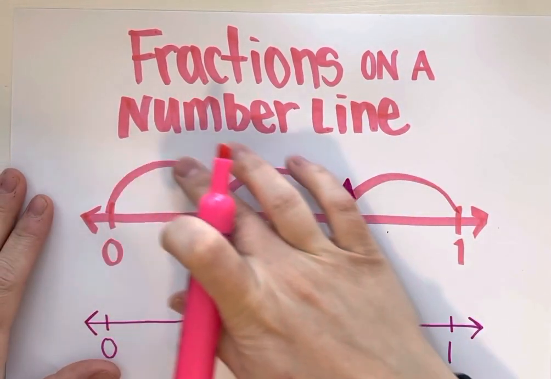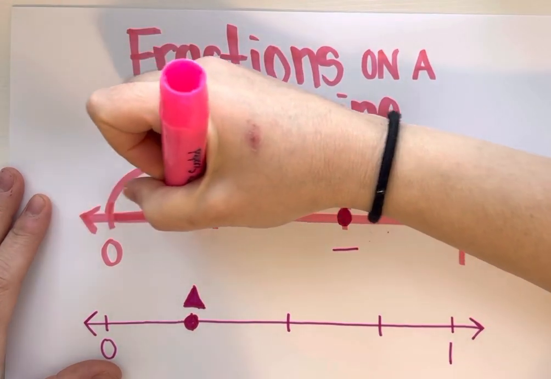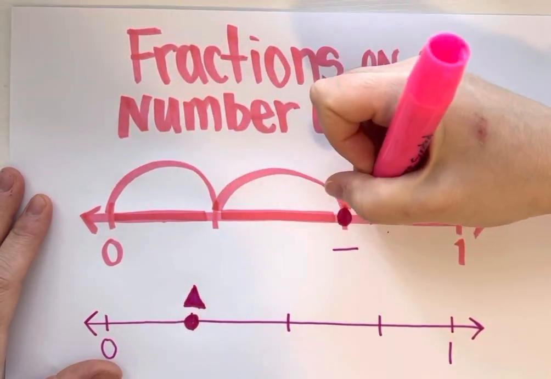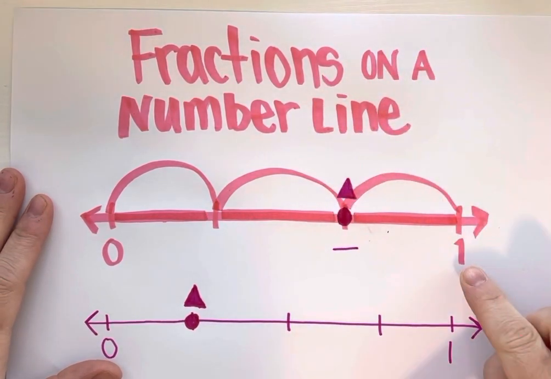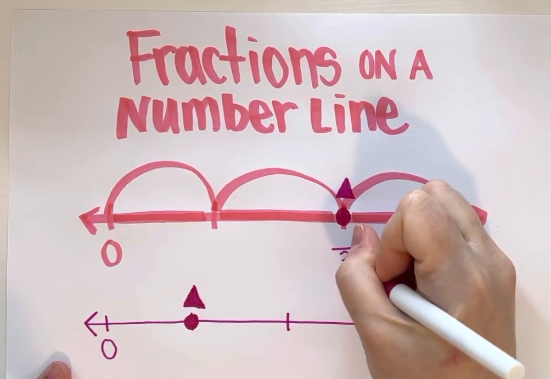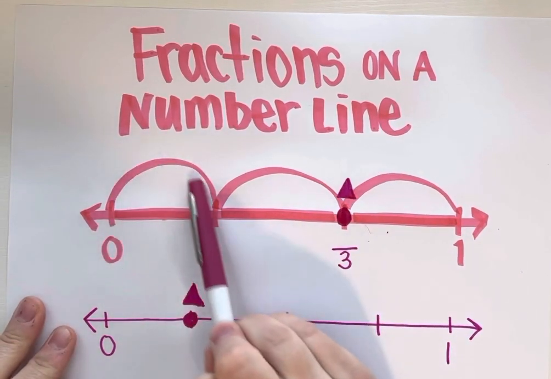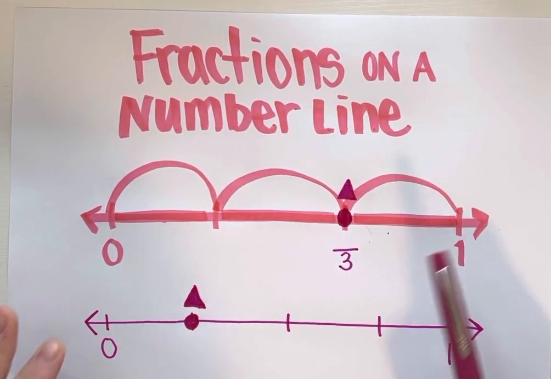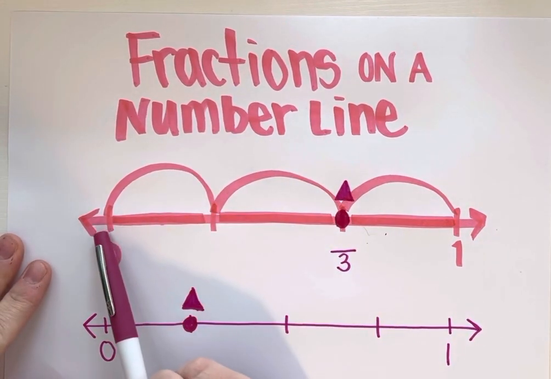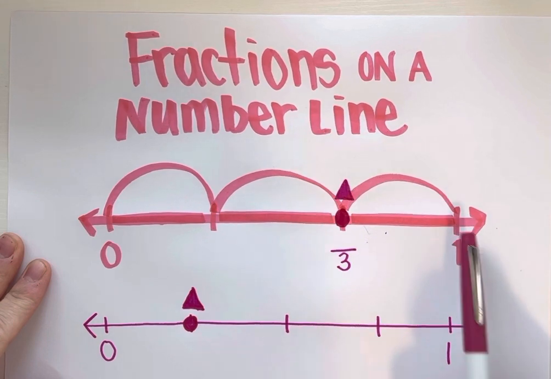It took me 3 total jumps. 1, 2, 3 to get to the whole. So that means that my denominator, that bottom number, is going to be 3. Because remember, the denominator tells you how many parts in all. Think of a frog, right, starting here, and he has to jump until he gets to the total.